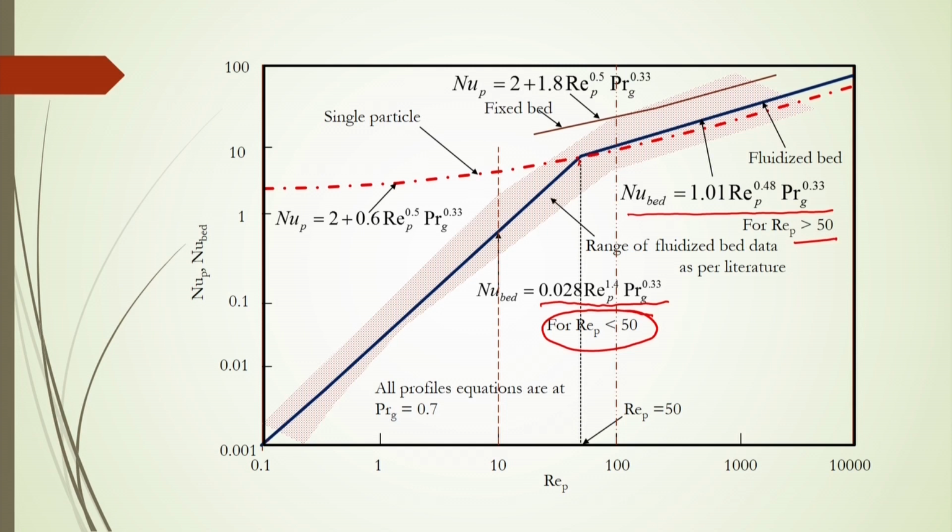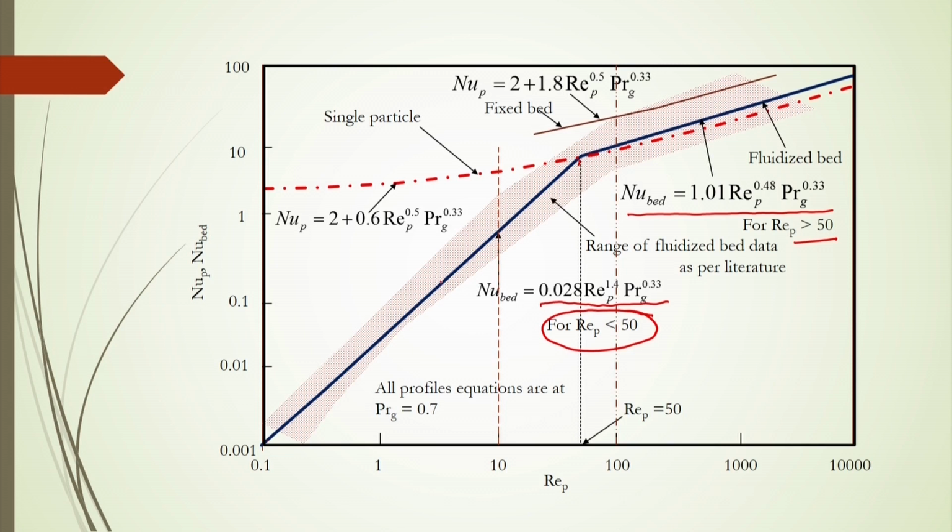One important aspect here is that for the single particle, the Nusselt number is represented by this red dotted line. For the single particle, up to a Reynolds number of 50, you will see that the heat transfer coefficient for the single particle is higher than in the fluidized bed condition.